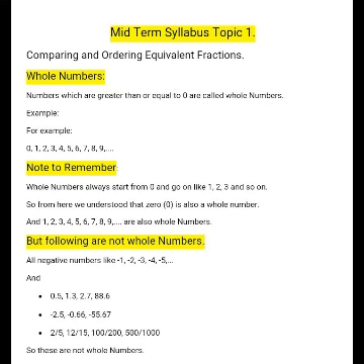For example, 0, this is written on your screen, 0, 1, 2, 3, 4, 5, 6, 7, 8, 9, 10, 11, 12, 13, 14 and so on. These numbers are whole numbers.